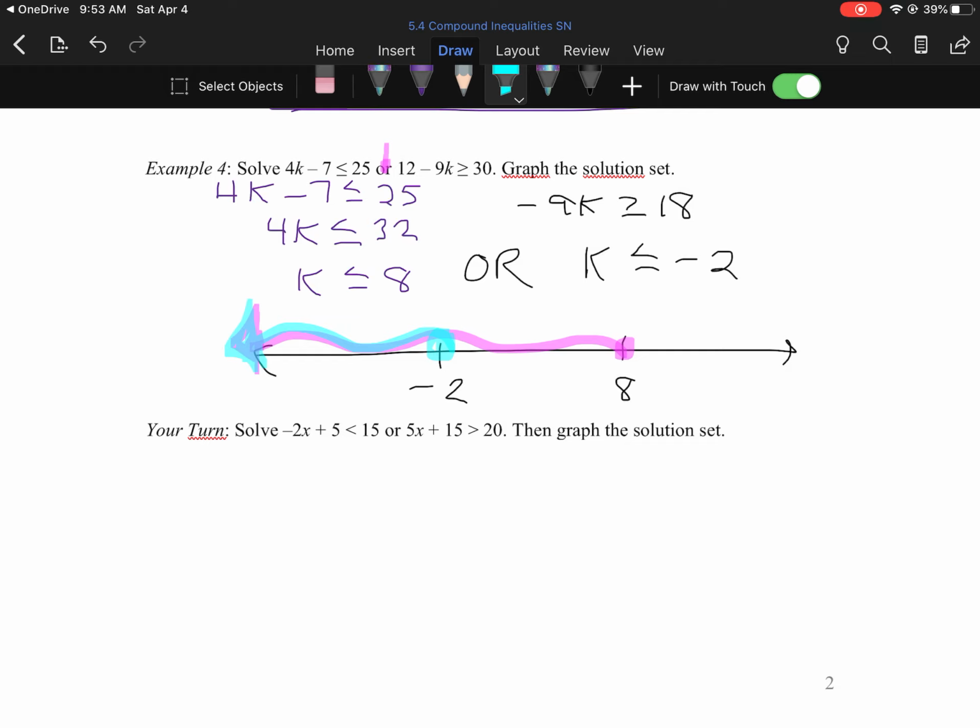All right, so take a moment, try this last your turn, and then come back together.